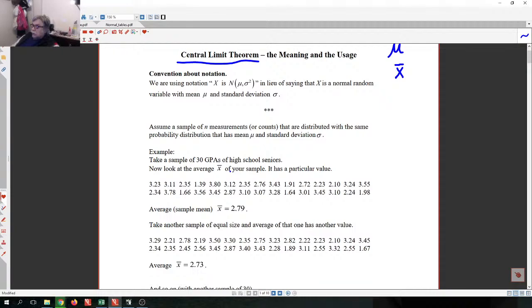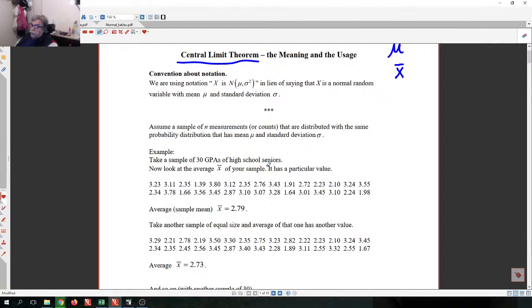So that would be a class of 30 of them, and the first one has 3.23, the second student has 3.11, the third student has 2.35, and on you go. And I can see the last one has here 1.98, so there are 30 of them. So you have a bunch of students with different GPAs. Some of them are good, some of them are not so good students, but you have lots of them here.